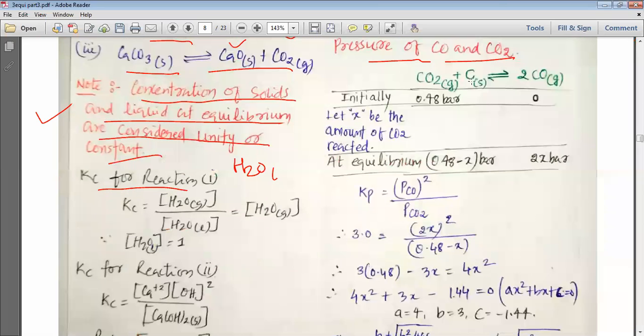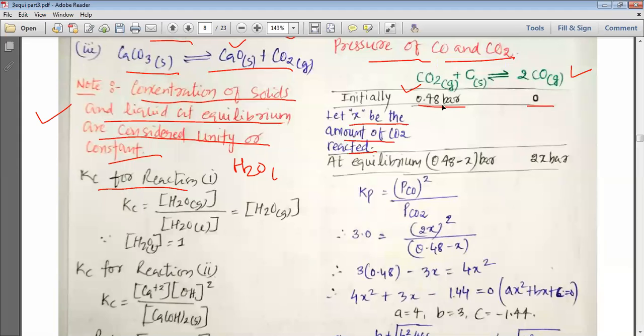We have CO2 plus graphite, or carbon solid, that gives us 2CO gas. Here you can see that graphite is in a pure form, and that is why we do not consider it for the calculation of Kp. Initially the partial pressure of CO2 was 0.48 bar, and as the product has not been formed, the partial pressure of CO is 0. Now suppose X is the amount of CO2 reacted.